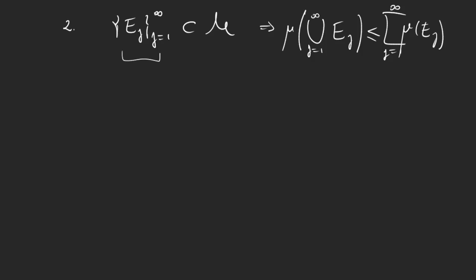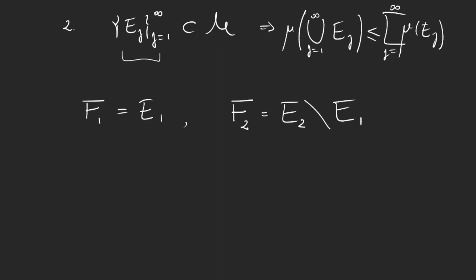So the first element in the new sequence is going to be the first element in your original one. Now when you want to create the second set in the new sequence, what you will do is grab the second element in your original sequence and subtract the first one.